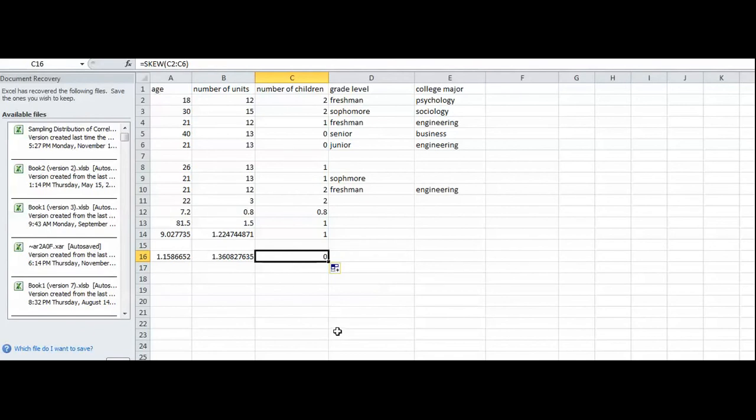And what about kurtosis? I said that all 3 of those histograms were pretty flattened out, so I was thinking that they would all have more of a negative kurtosis. So let's see if these kurtosis values come out to negative numbers. I type in equals KURT for kurtosis.